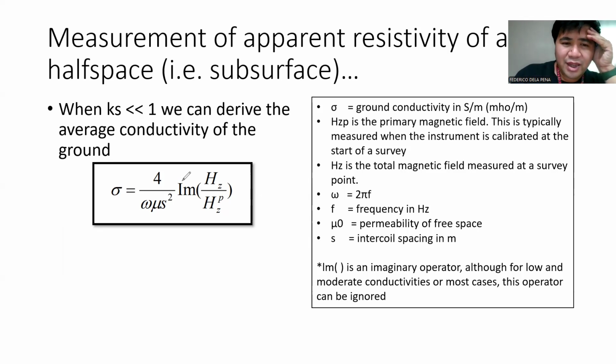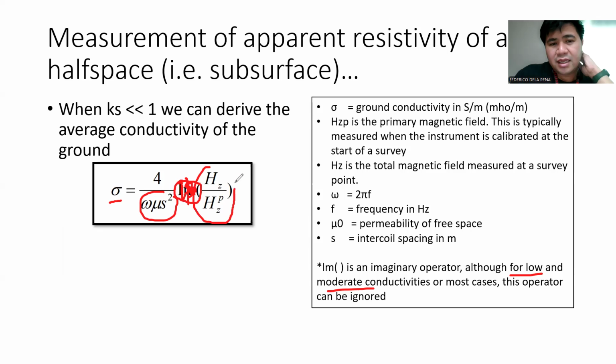Anyway, we can safely ignore this operator for most low to moderate conductive bodies. So in practice, we usually just ignore this operator. So in practice, this equation is simply this term multiplied by this term.